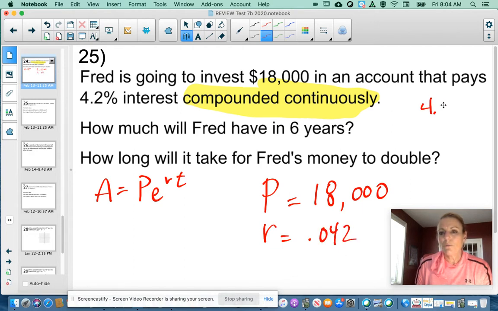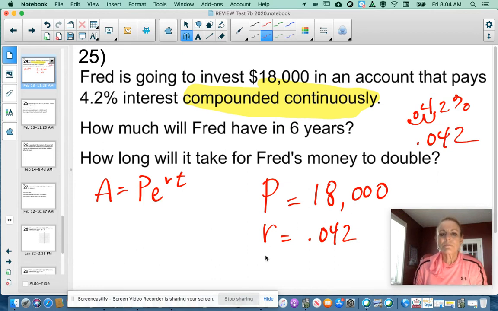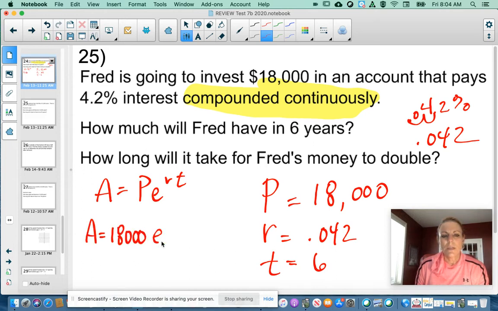Remember, it's 4.2% as a decimal, you move it 2 places to the left, 0.042. And T is 6. So we plug it in. We have 18,000 e to the RT.